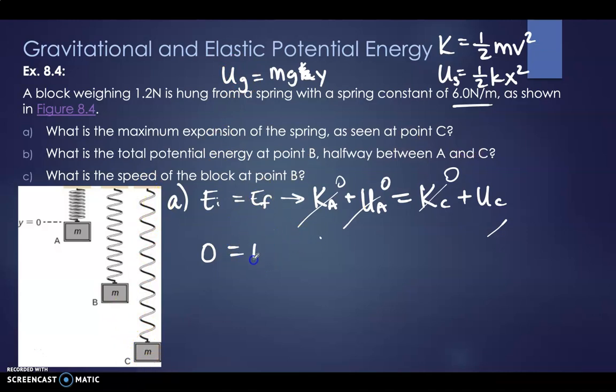So we're going to put mg times y at c, plus our spring, which we do have because we have some expansion on the spring, so we have some displacement. So we should have plus 1/2 times k y sub c squared.